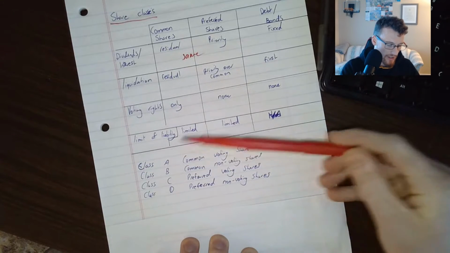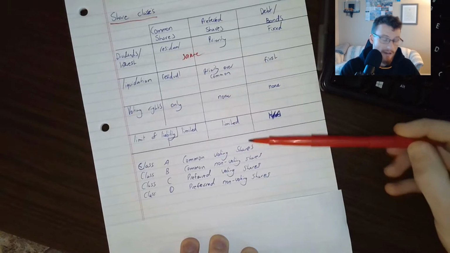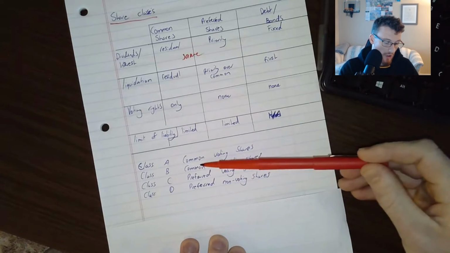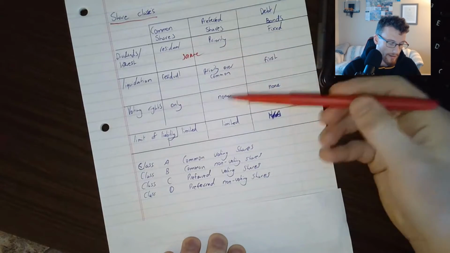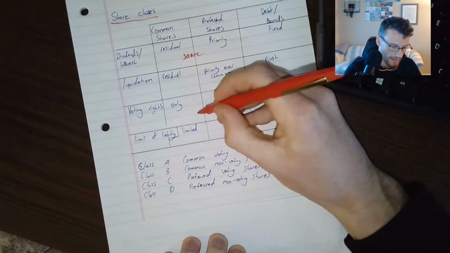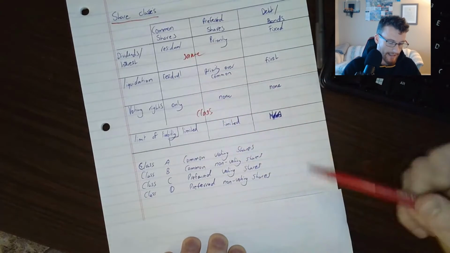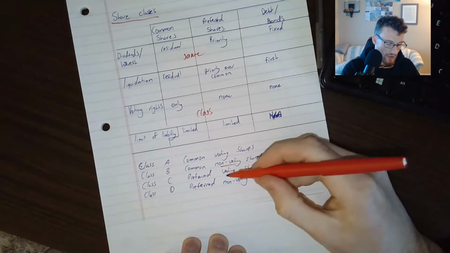You'll have Class A shares that are common and voting, and then you'll have Class B shares which are common and non-voting. So this one here and this one here are a little bit different. You see, it depends on the class, and common shares can be non-voting, and preferred shares can be voting.